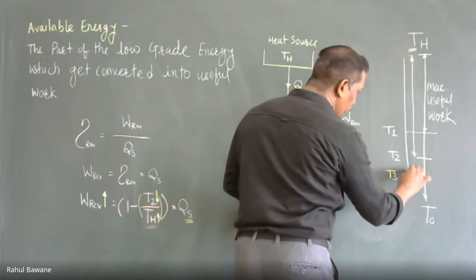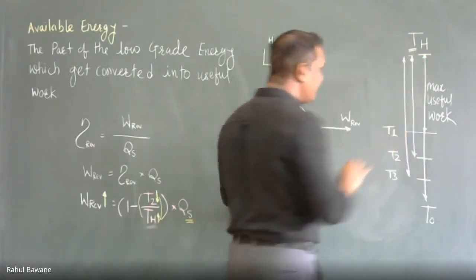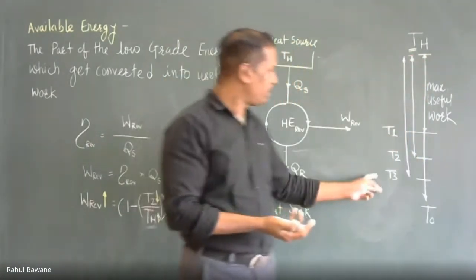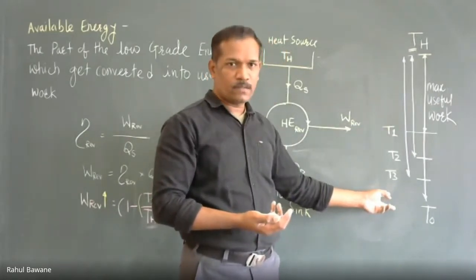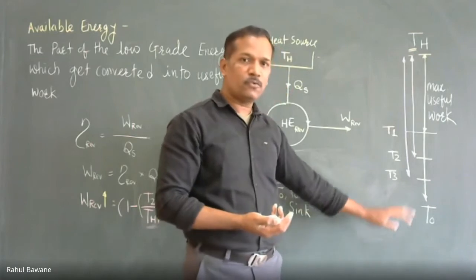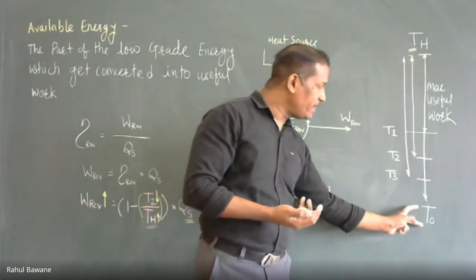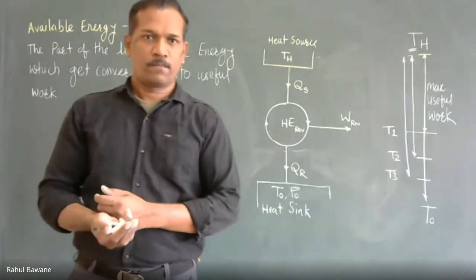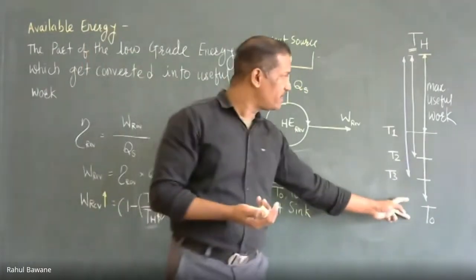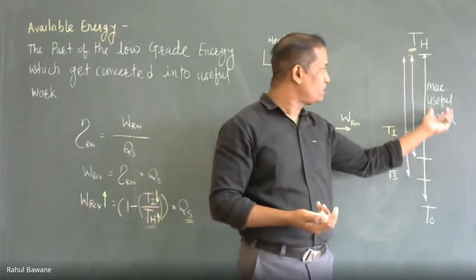So my useful work will increase or decrease depending on the temperature range of heat sink and heat source. But the maximum is only possible when I reach dead state. After that, I can't increase the useful work.